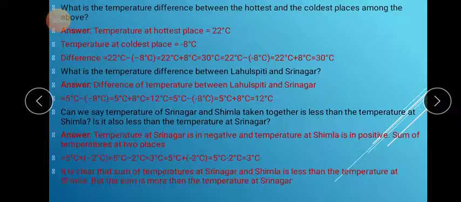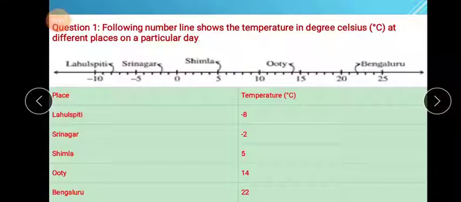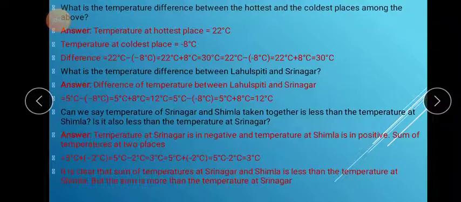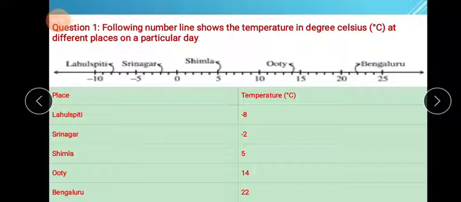So what is the hottest place? Hottest place you can see here. Hottest place is Bengaluru. And what is the coldest place? Coldest place is Lahul Spiti. So we have to find the difference between Bengaluru and Lahul Spiti.